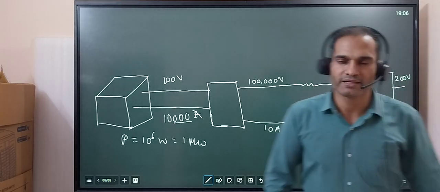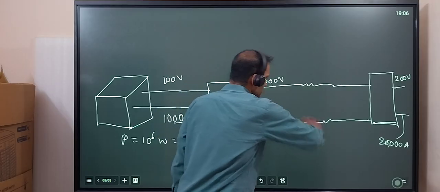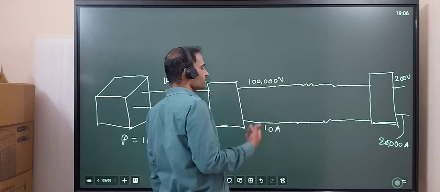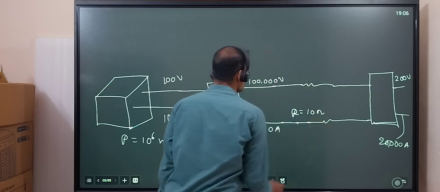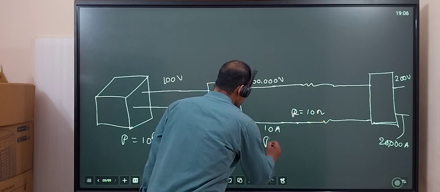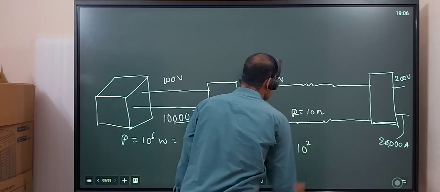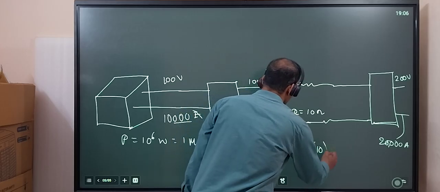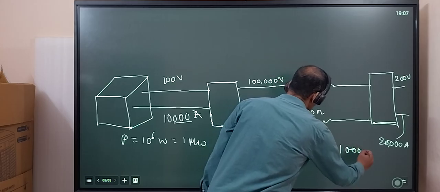So what will happen here, suppose this transmission line has a resistance R of 10 ohm. Power lost will be I squared R, 10 squared into 10, 1000 watt.